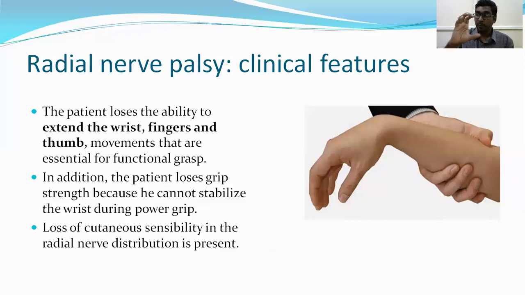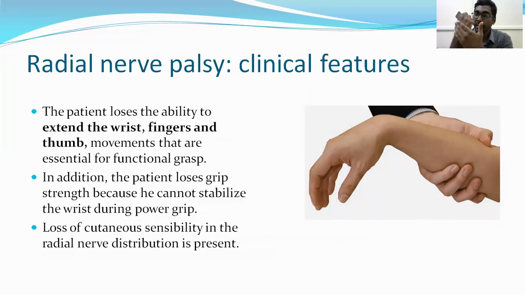For a proper grip, for example, if you hold like this, a little bit of extension is present. Even though you are holding this with the help of flexors, some extension must also be present, because the extensor muscles are stabilizing the hand while holding.